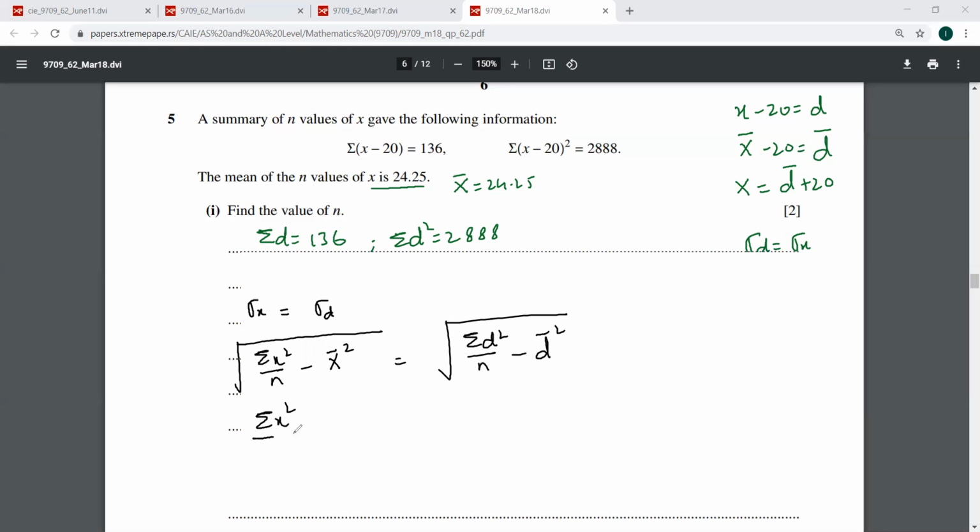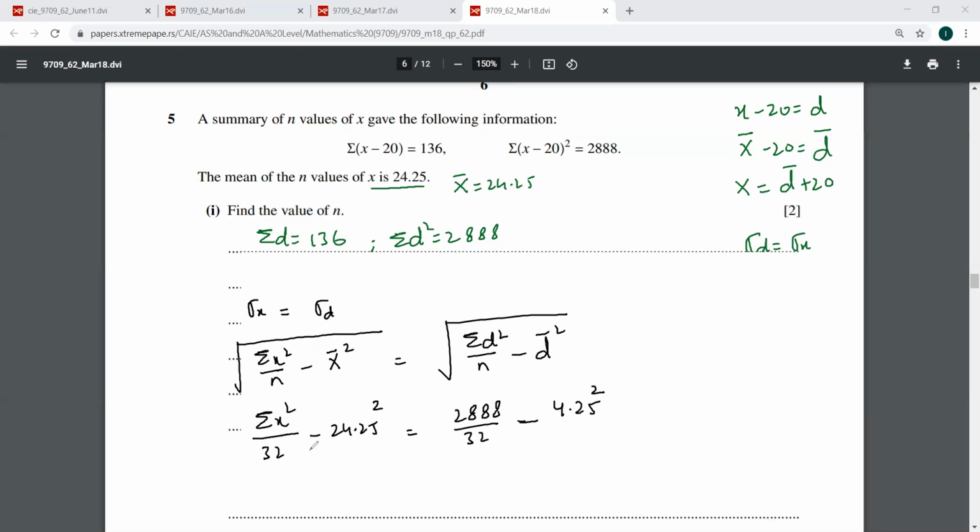What was this n? That was 32? Yeah, that is 32. And then minus 24.25 square. And that is equal to sigma d square. We have 2888 over this 32. And I think its mean was 4.25. 4.25 square.